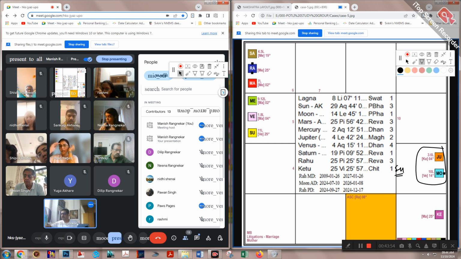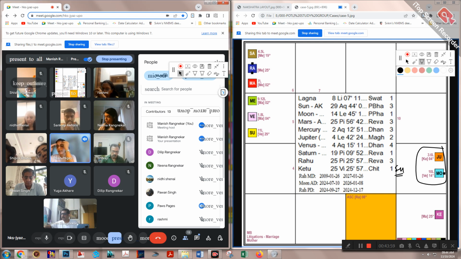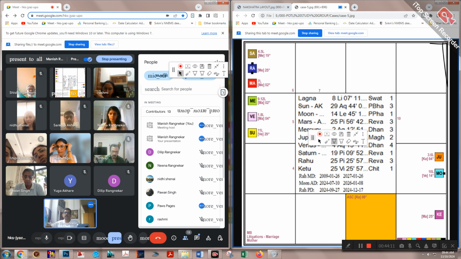So the Badhak is normally the 7th, 9th, and 11th houses, right? Correct. So in this case, the 7th and 9th are empty. If you remember I told you we have to see 7, 9 and 11, correct? I said this looks like a 7, that is how I remember it.